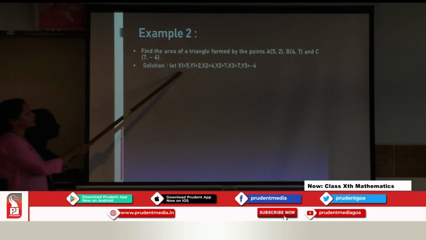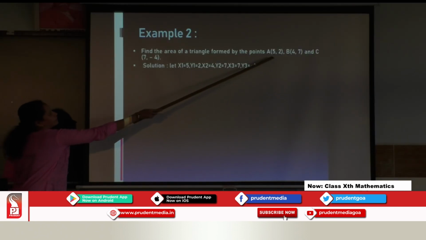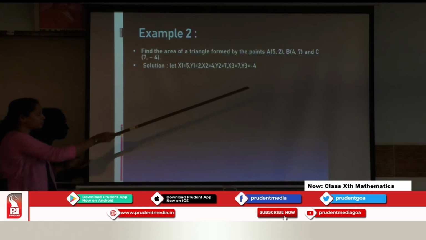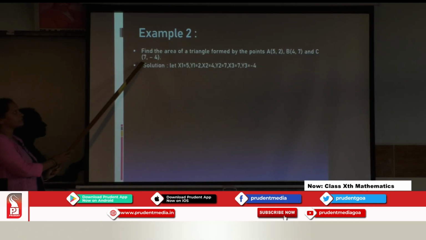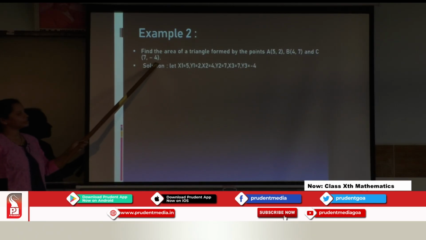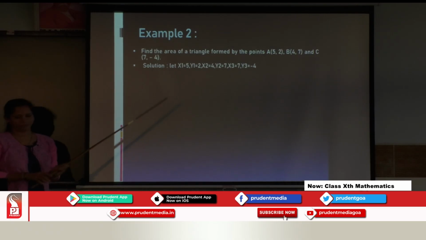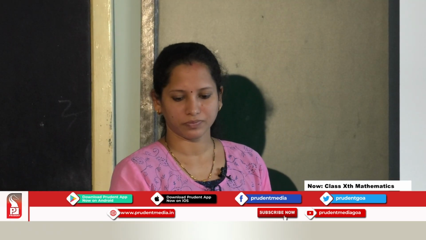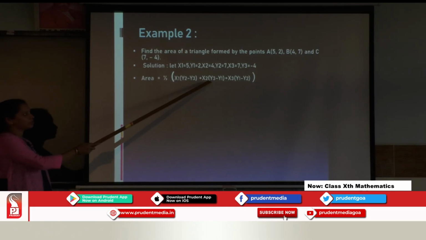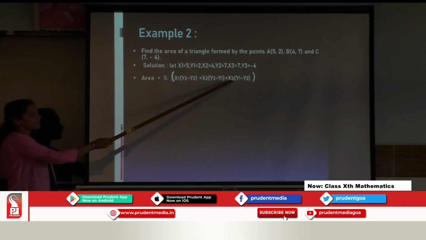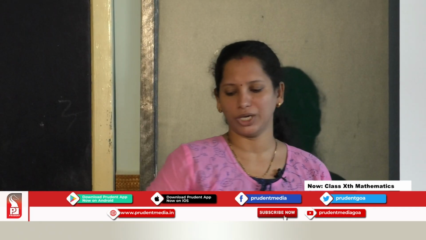Let x1 is equal to 5, y1 is equal to 2, then x2 is equal to 4, y2 is equal to 7, then x3 is equal to 7 and y3 is equal to -4. So, this is the formula, half into x1 (y2 minus y3) plus x2 (y3 minus y1) plus x3 (y1 minus y2).